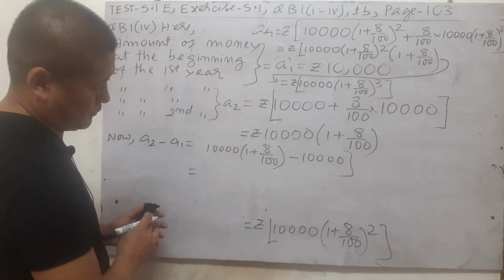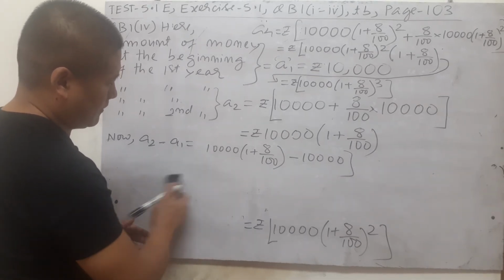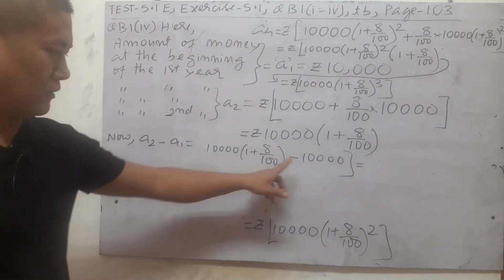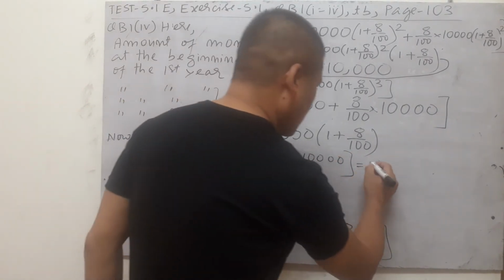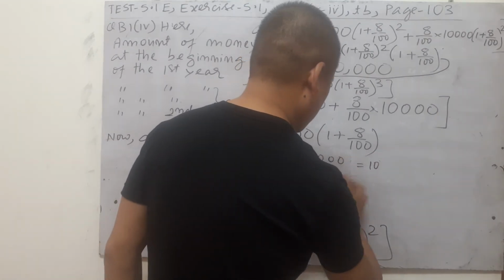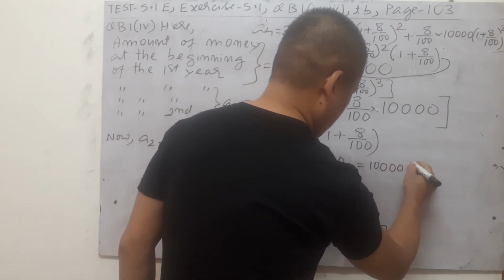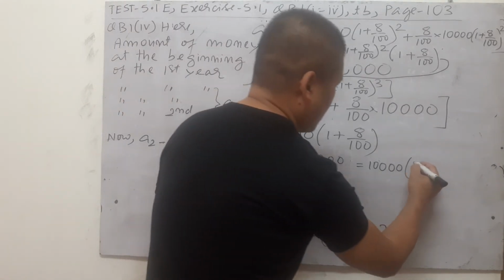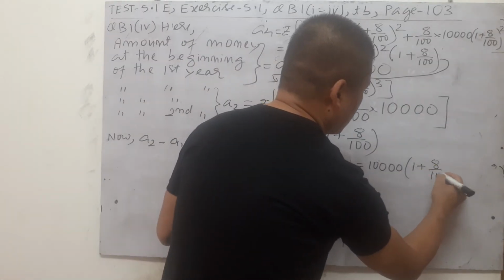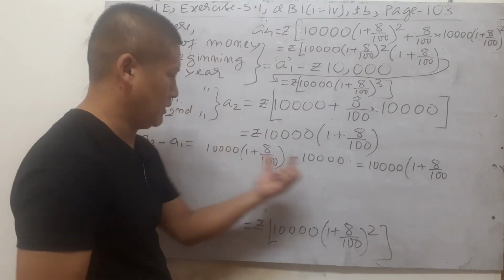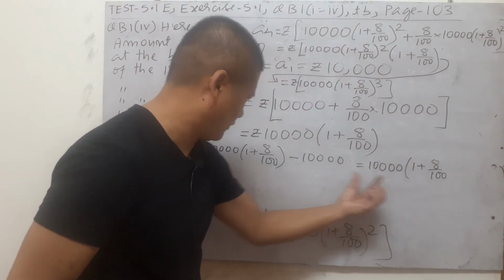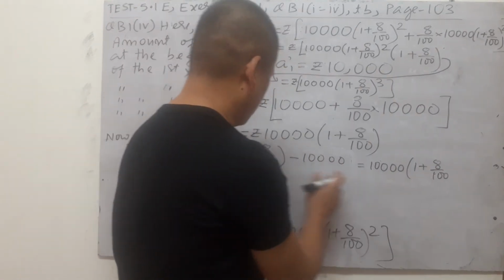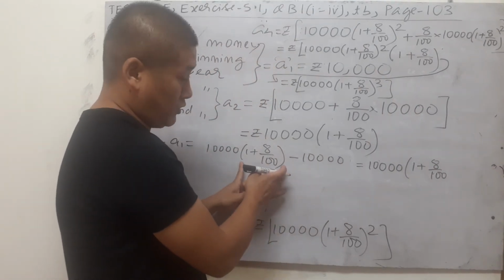So here, that will be equal to, here now you see 10,000, 10,000 common. So you take that out. No need of this bracket. Into 10,000 has gone out. So inside will be 1 plus 8 by 100. Outside of this bracket has gone this common factor. Then inside will be this one, 1 plus 8 by 100. We don't need to put bracket, right?